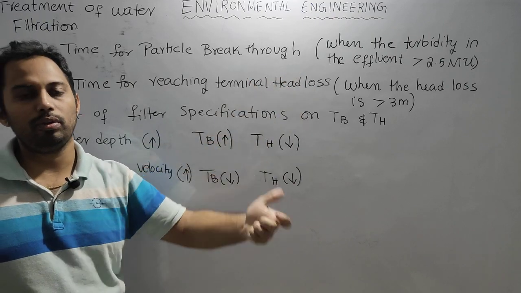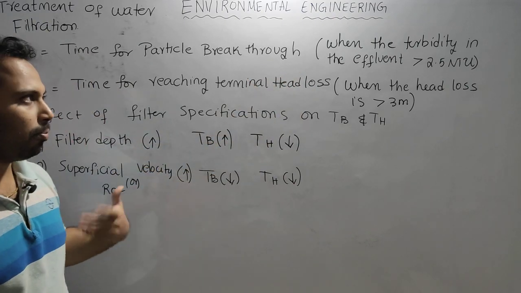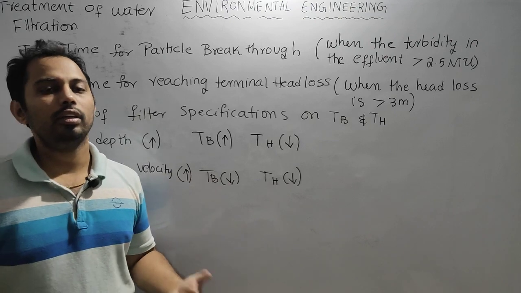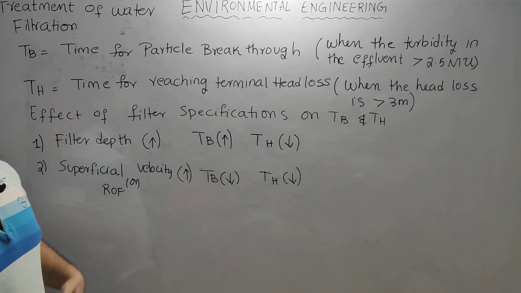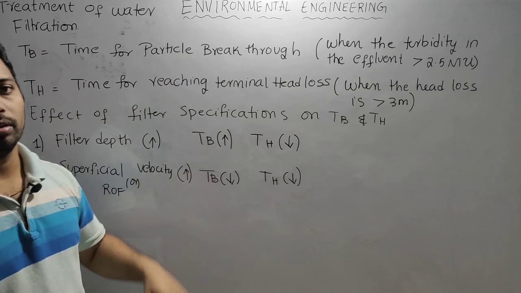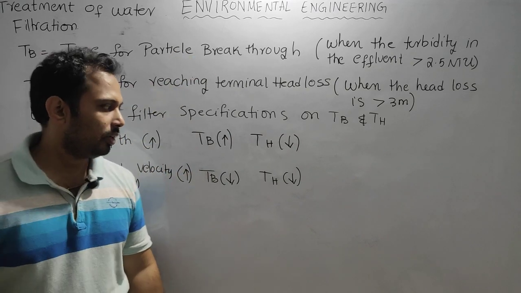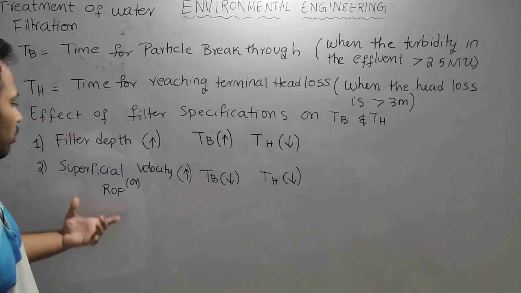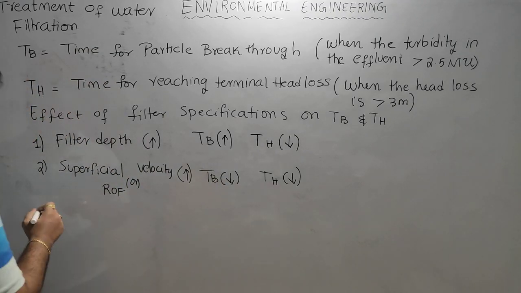Particle breakthrough will come much faster as the number of particles coming onto the filter increases. So very fast, the filter will lose the capability to prevent particle breakthrough. That is why generally both decrease when the superficial velocity is increased.